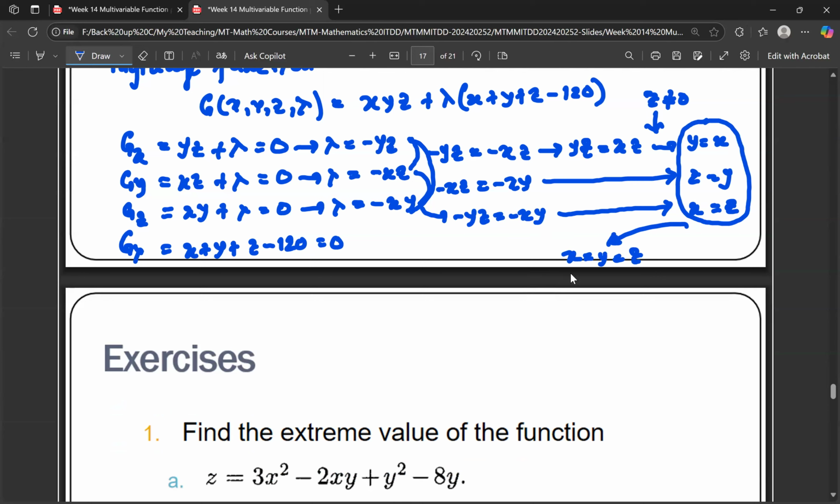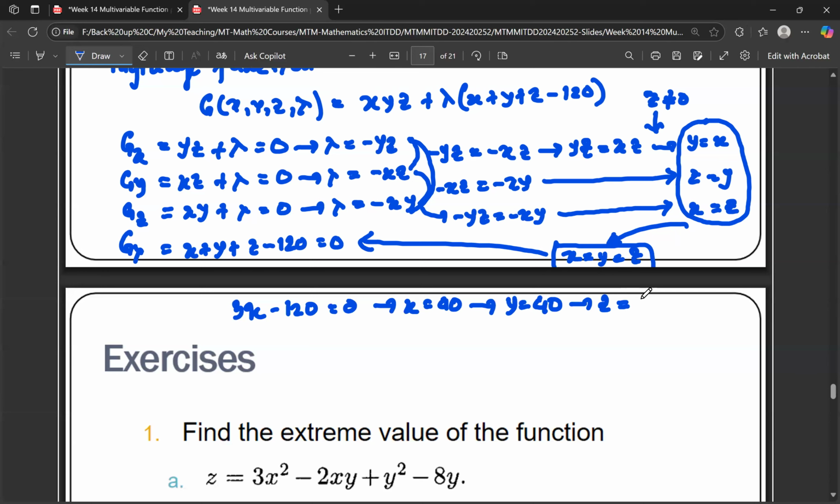We can substitute this into the last equation. Because y and z equal x, we have 3x minus 120 equal to 0, so x is 40. Therefore y is 40 also, and z is 40 also.